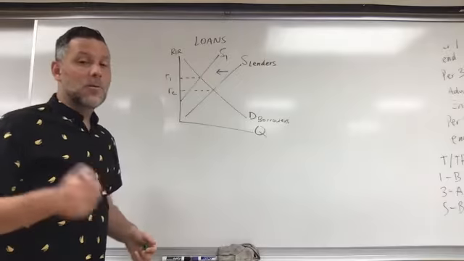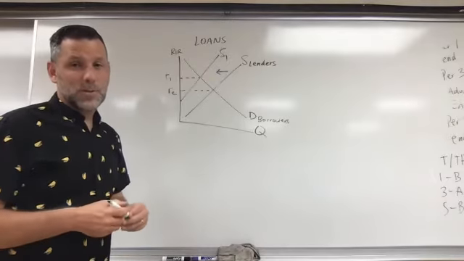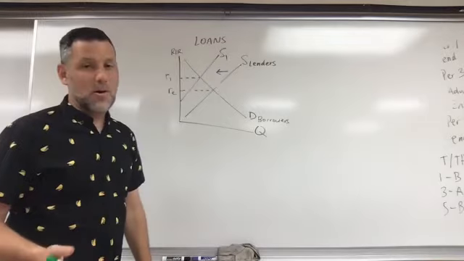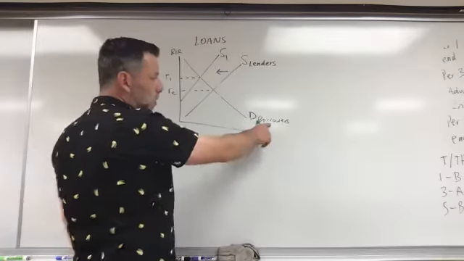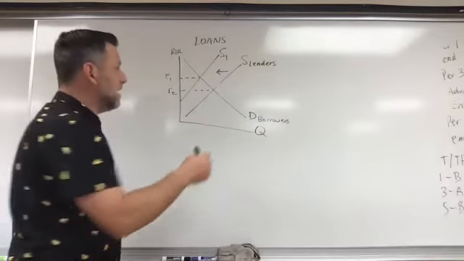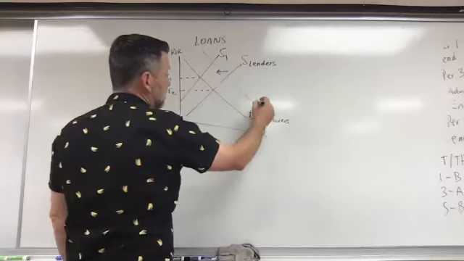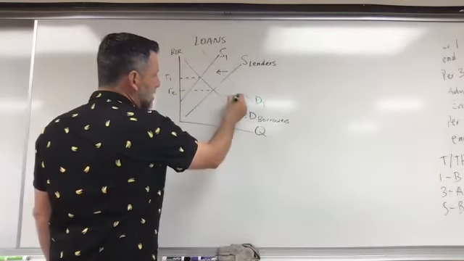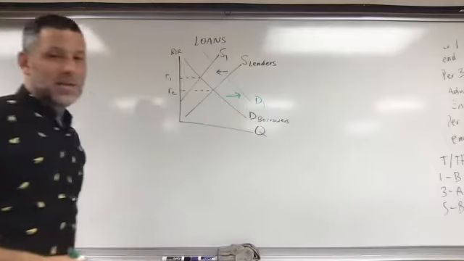Now, the other way that you could show what happens when the government borrows a lot of money is that if the government's borrowing money, that's one more borrower. That's an increase in demand for loans. So you can increase demand to the right and say that the government is borrowing money.